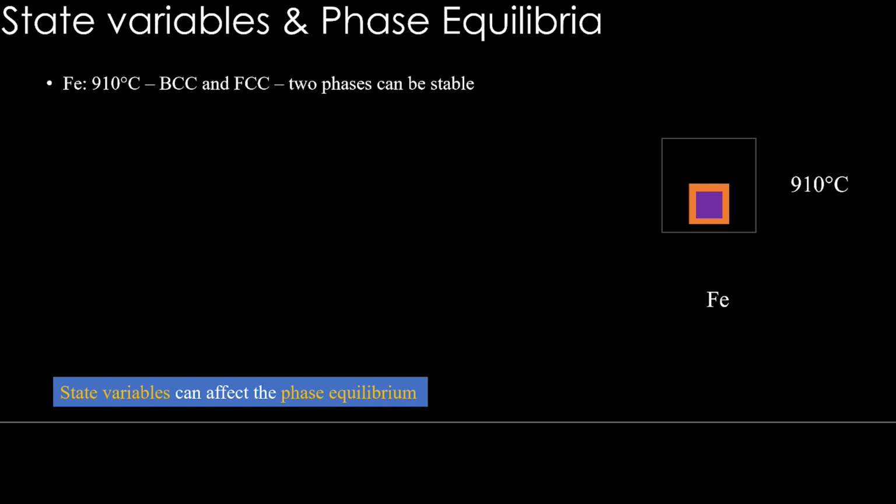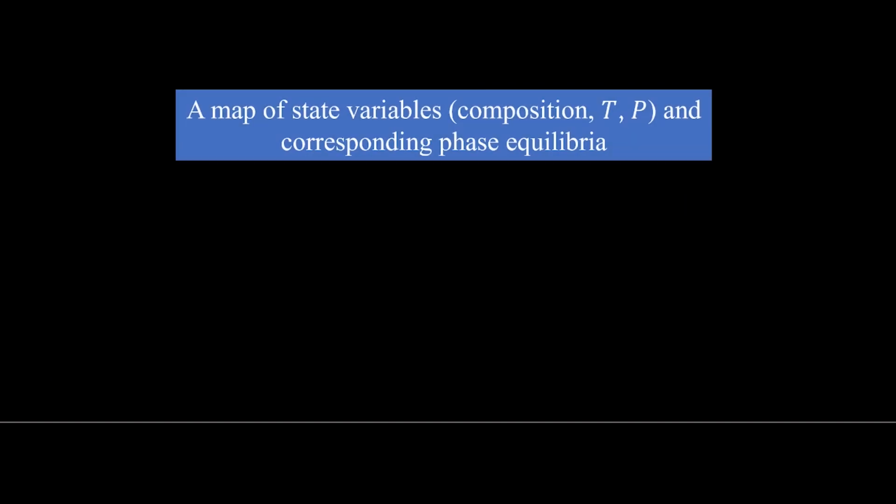So in these simple systems, pure elements itself, there is so much variation possible in phase equilibria depending on the state variables. What if we have a map of state variables and corresponding phase equilibria? So the state variables, composition, temperature we have seen, even the pressure can influence phase equilibria. A map of this sort connecting state variables to phase equilibria is called a phase diagram.